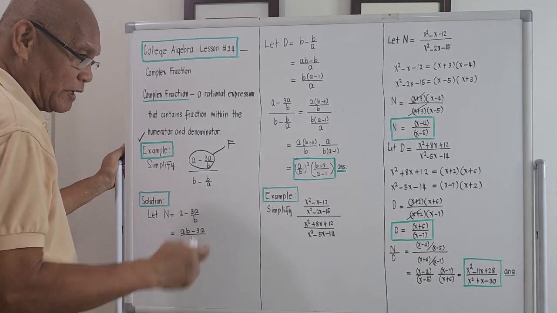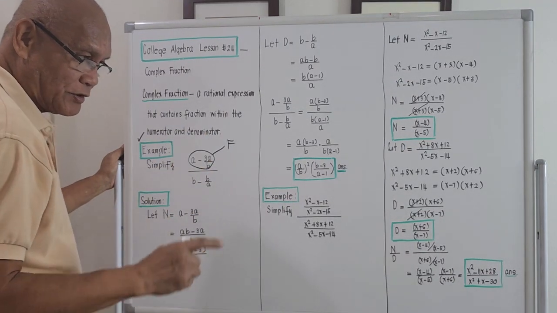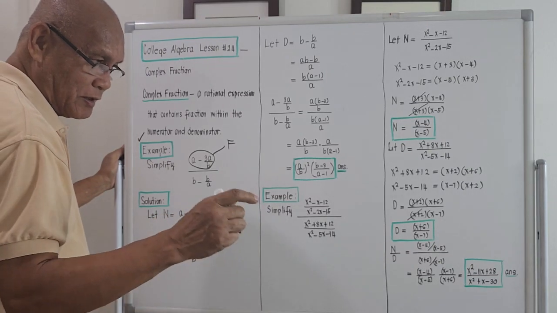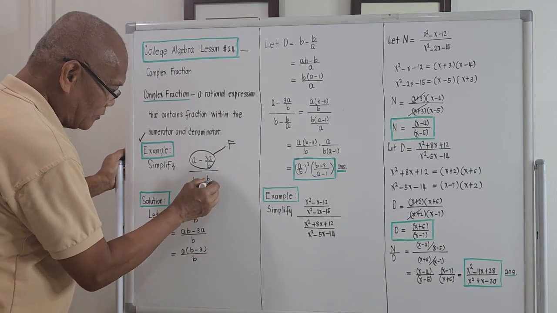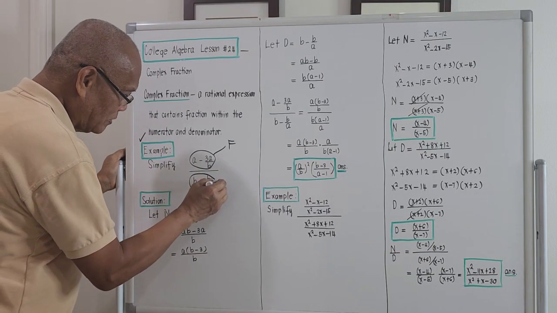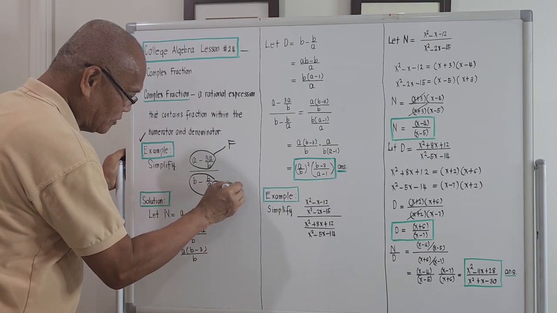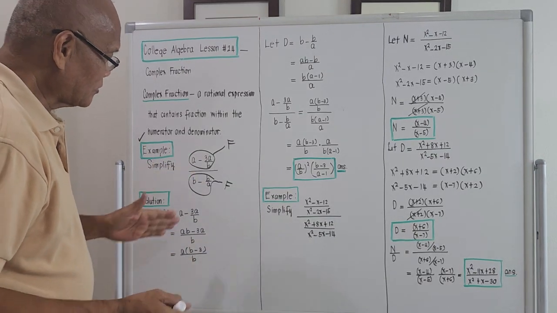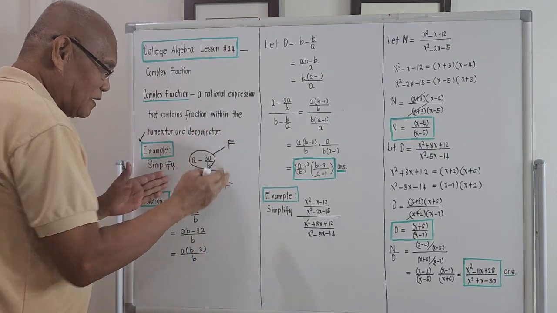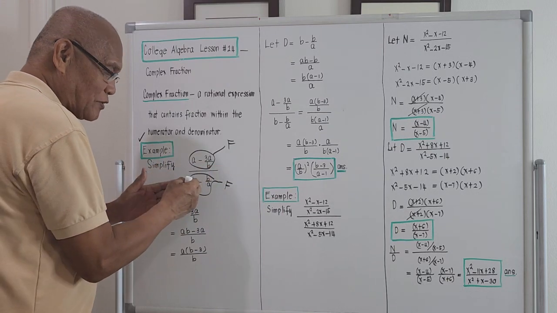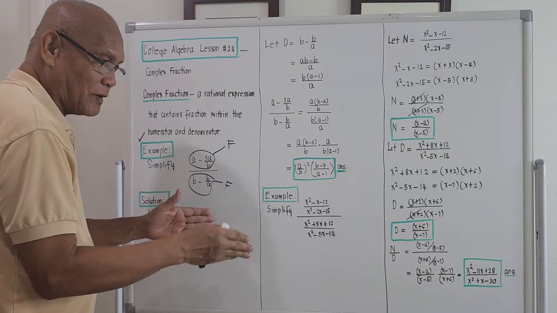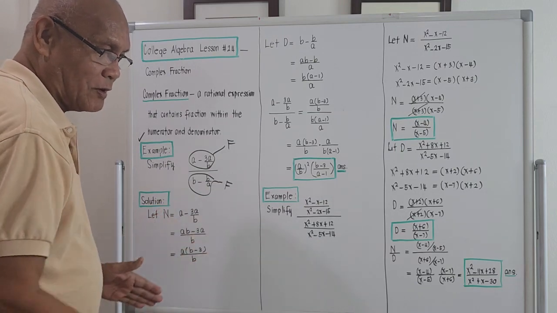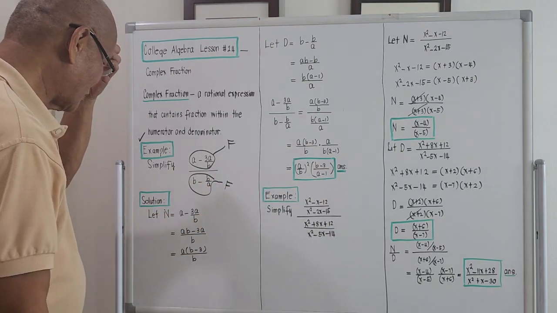On the denominator, instead of just one simple algebraic expression, it also comprises a fraction. The problem is asking, what will be the simplified equivalent of this one? Let's bring out the solution.